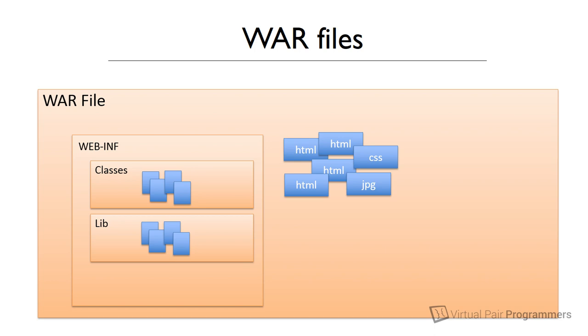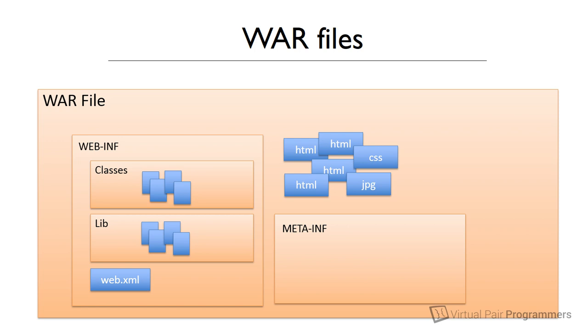Something else that sits in here is a file called web.xml, and that describes the configuration of your application. We're going to be looking at this web.xml file in quite a bit of detail as we progress through the course. There's one other folder in a WAR file, and that's called the META-INF folder. If you're familiar with jar files, you'll know about META-INF.